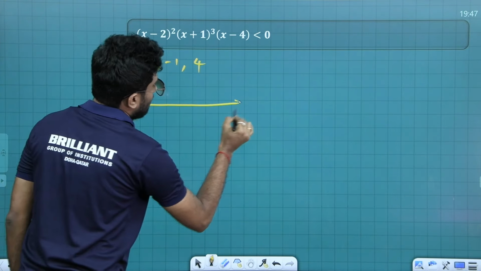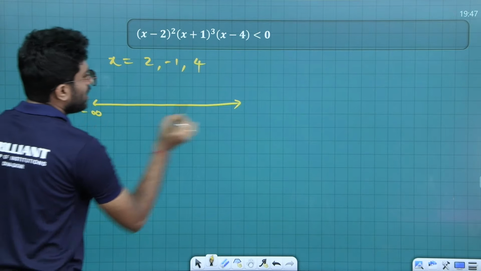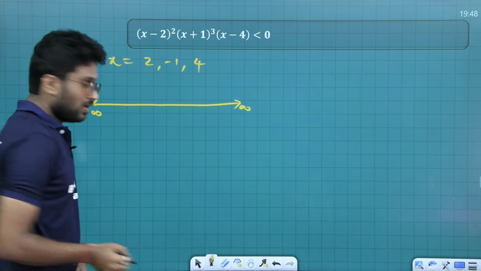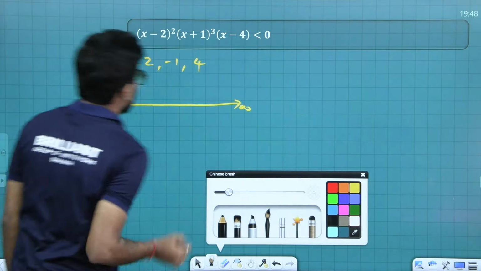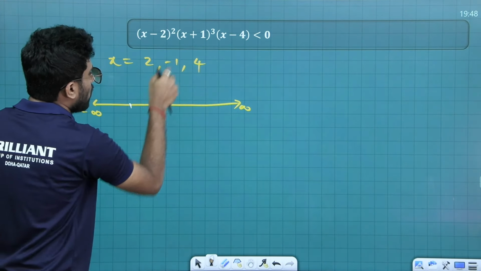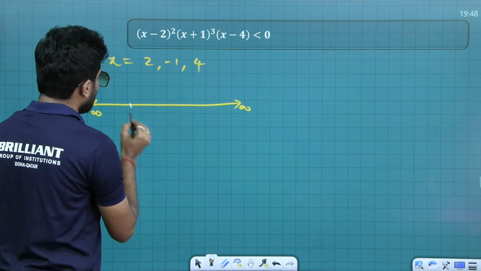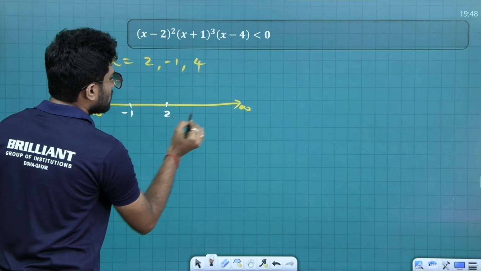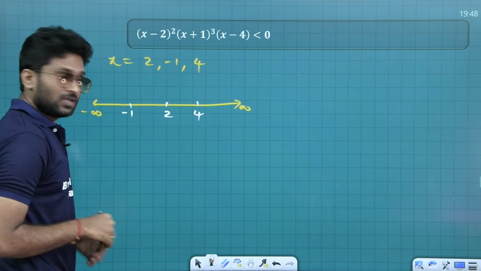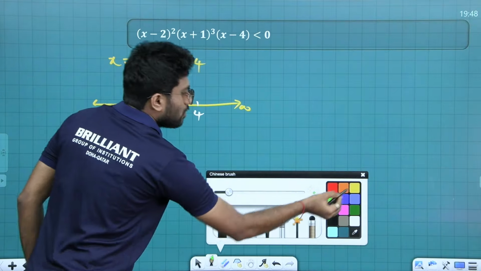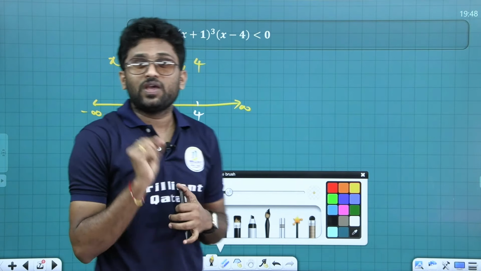Draw a number line from minus infinity to plus infinity. Now plot all these points on the number line in ascending order: minus 1, plus 2, plus 4. Now draw the wavy curve.